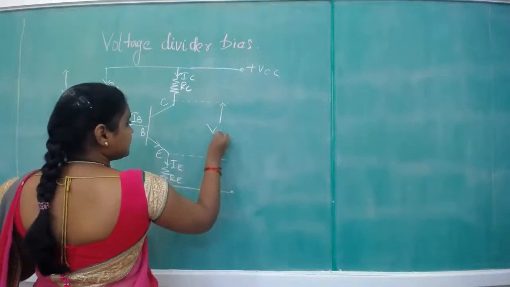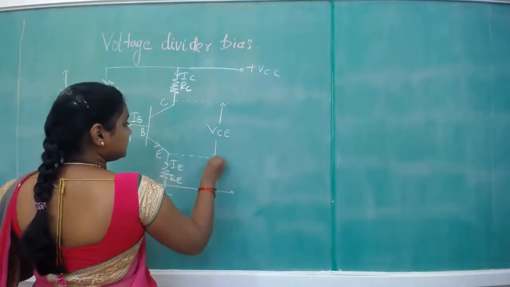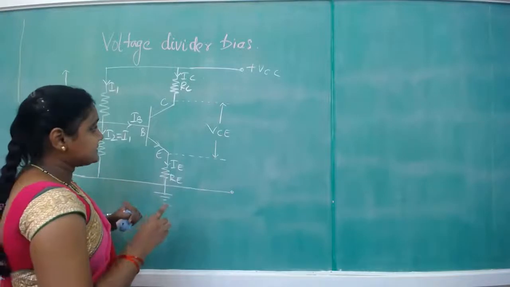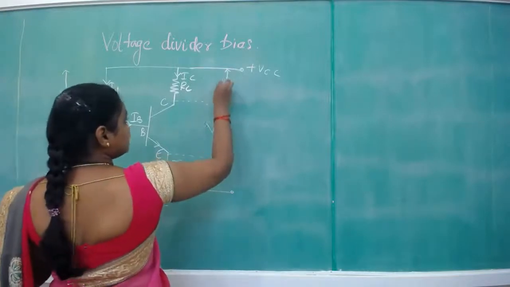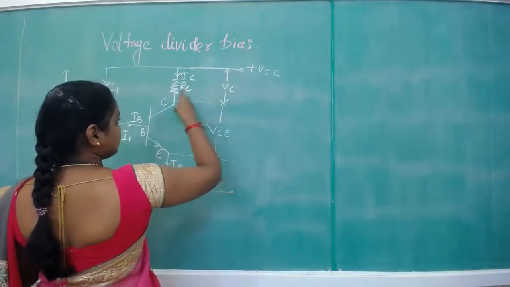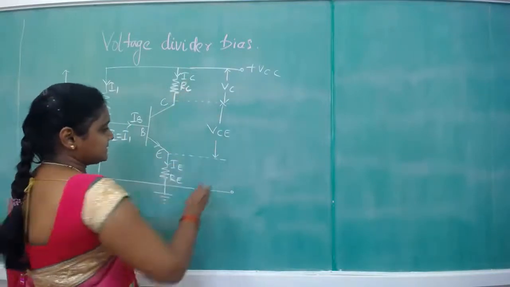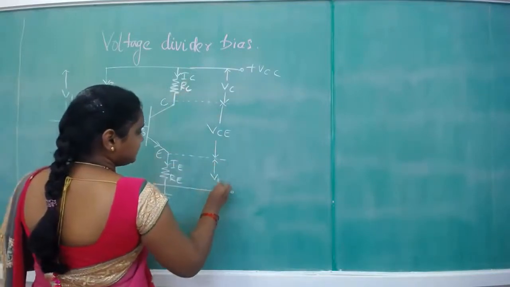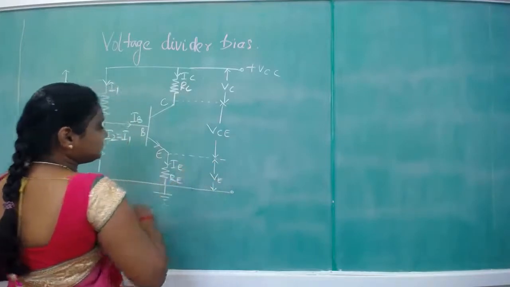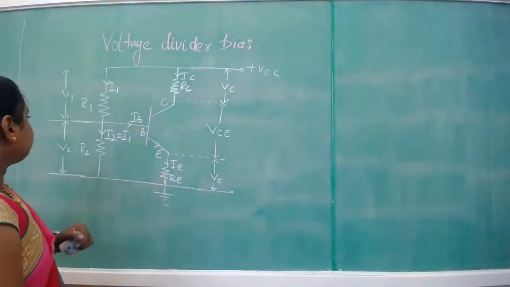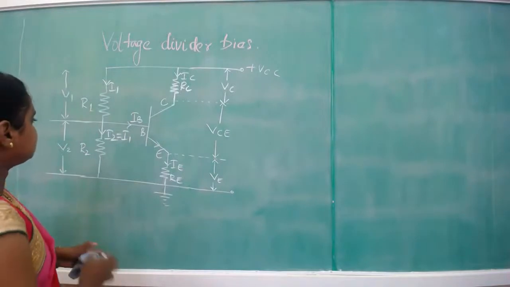The voltage across the collector to emitter is termed VCE. This is VC, the voltage across the collector resistor, that is VC is equal to IC into RC. This is VE, that is nothing but IE into RE.